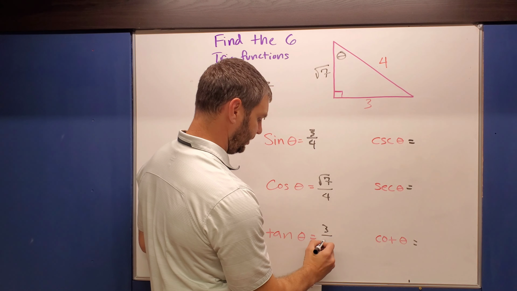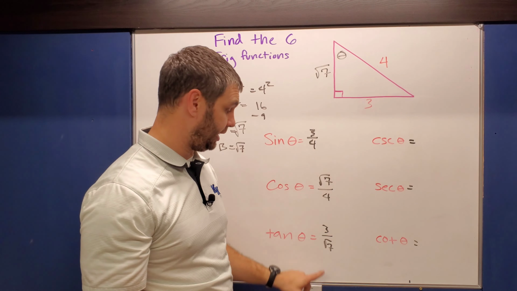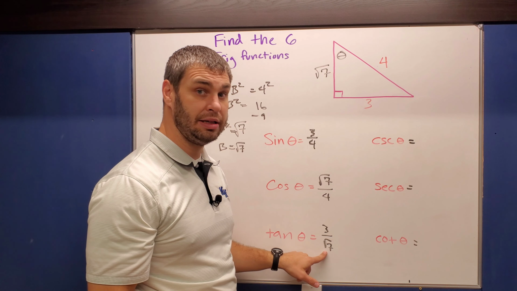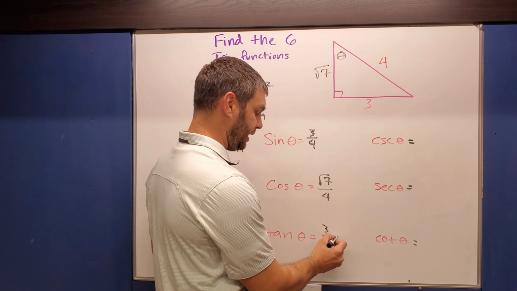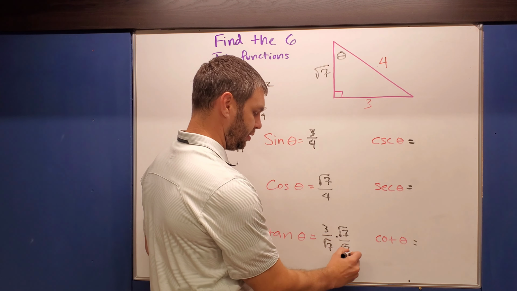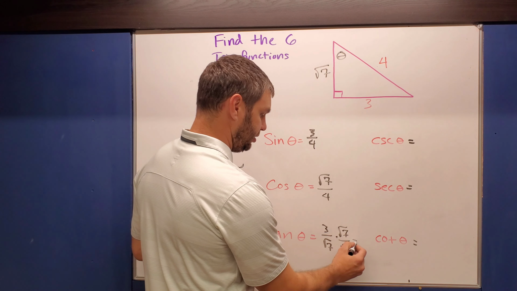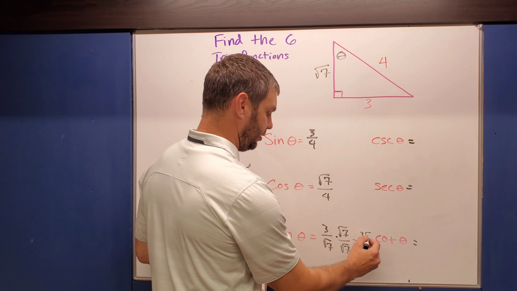And this is one where you're going to have to rationalize this denominator. A lot of teachers don't like when you keep the square root of 7 down here. So to rationalize it, remember you multiply by that square root over itself, so the square root of 7 over the square root of 7. What this does for us is, on the top, it's just going to give us 3 square roots of 7.